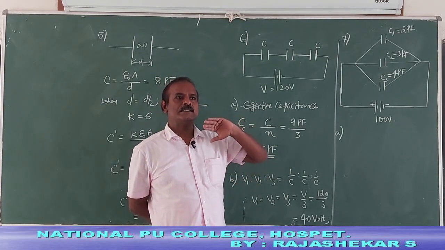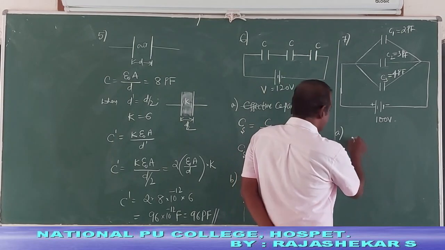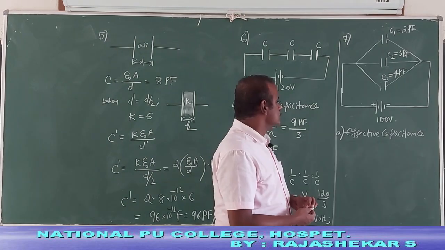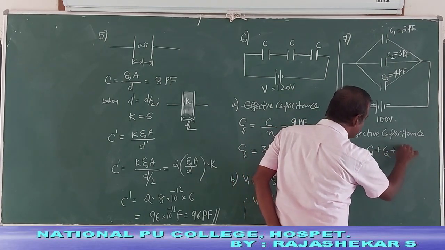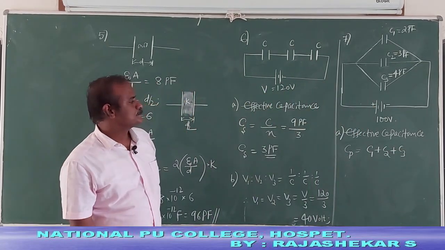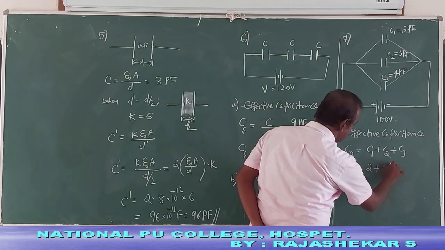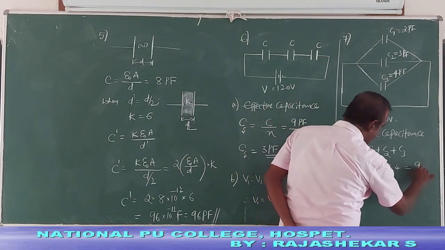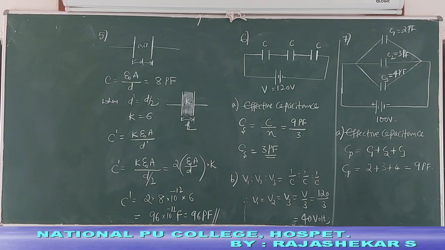Unlike in series combination, where the reciprocal of effective capacitance is equal to the sum of the reciprocals of individual capacitances, here the total or effective capacitance is calculated with the formula: effective capacitance of parallel combination CP is equal to C1 plus C2 plus C3, which is 2 plus 3 plus 4, which is equal to 9. 4 plus 3 is 7, plus 2 is 9 picofarad, the effective capacitance for the parallel combination. Remember friends, this is the first part of the question.